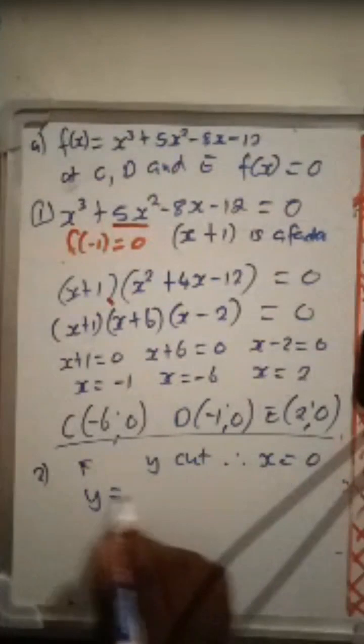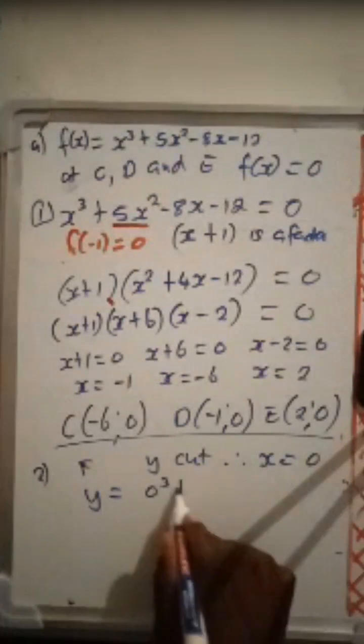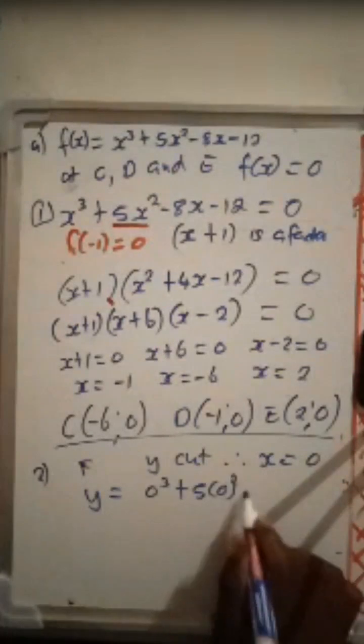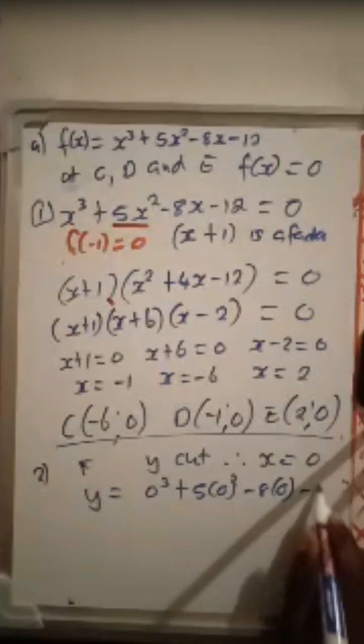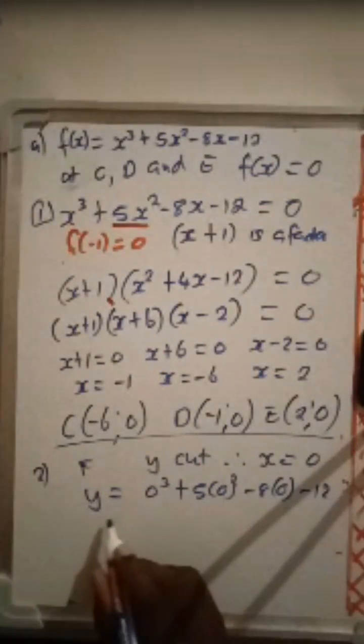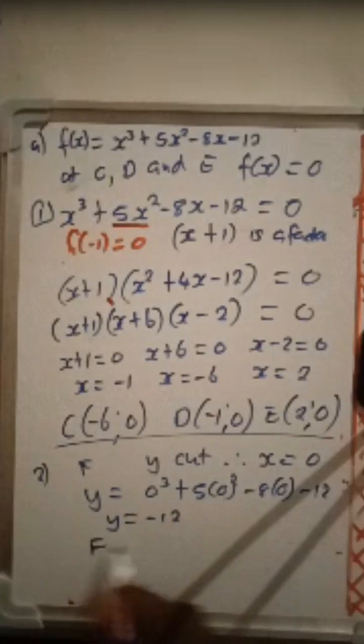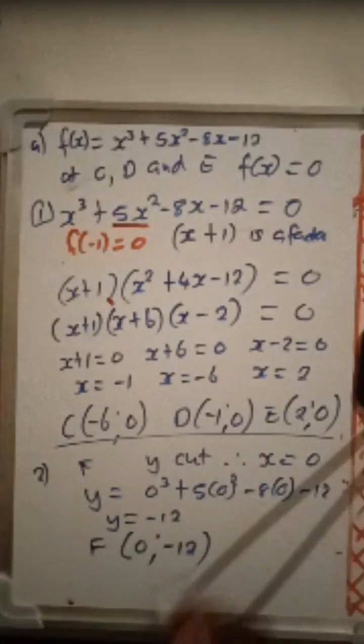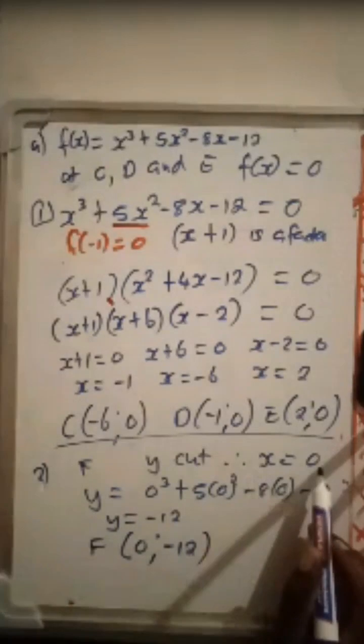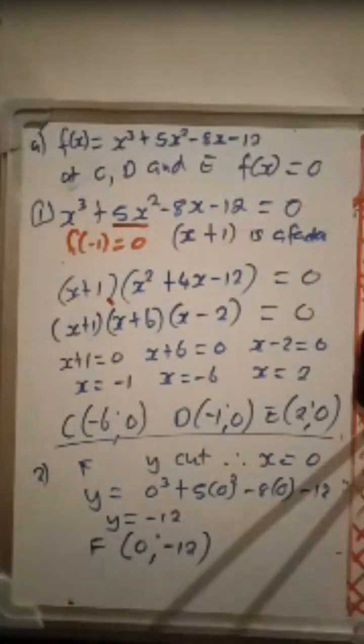Therefore, y is equal to 0 cubed plus 5 multiplied by 0 squared minus 8 multiplied by 0, minus 12. So y is going to be negative 12. So F has coordinates 0, negative 12. 0 because it's the y-intercept, then the value of y there is negative 12.